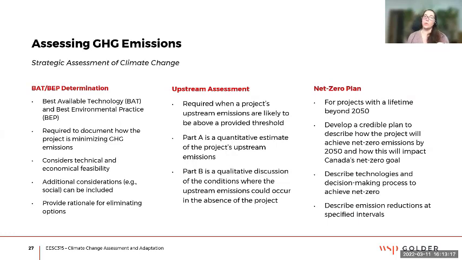So here you look at the conditions where the upstream emissions could occur in the absence of the project. So just because you need to build something with concrete doesn't mean that's necessarily the only reason that concrete would exist. Is it possible that that site was making it anyways for another purpose, so you're just utilizing it?